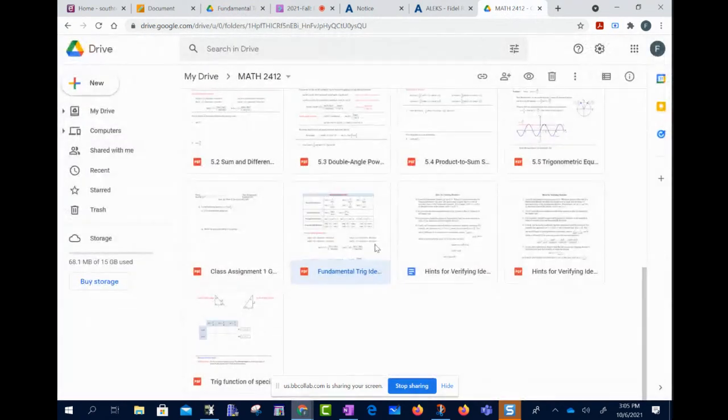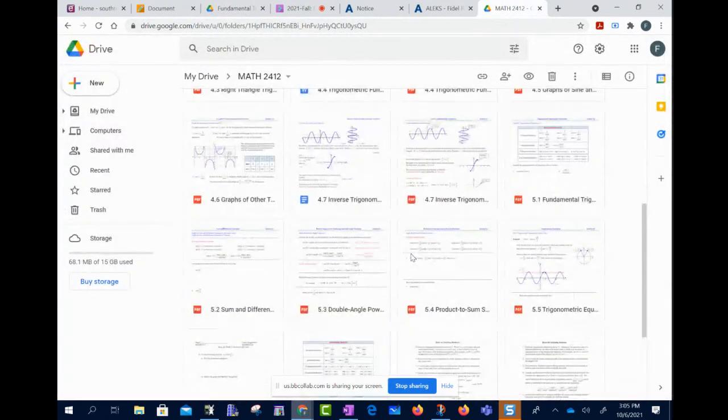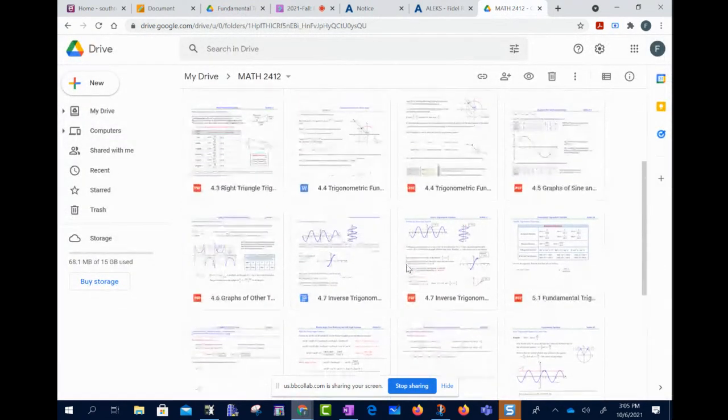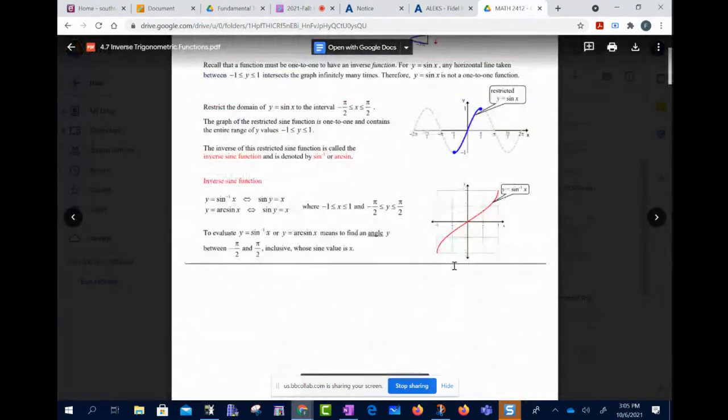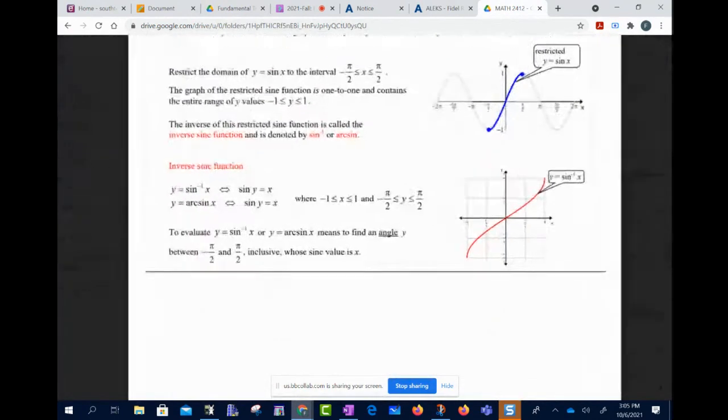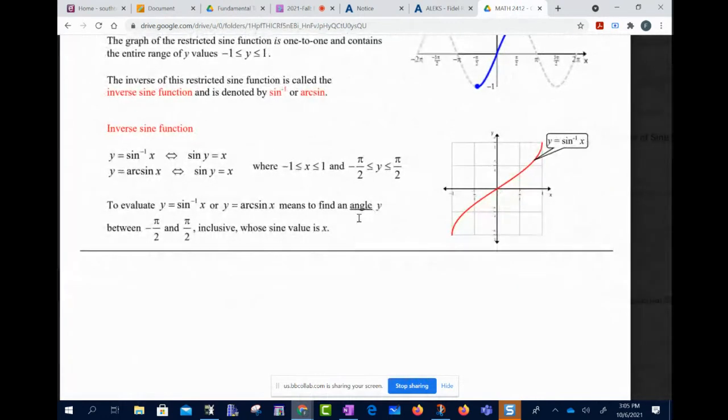So the reason we're only going to get one answer is where this is coming from. This is coming from inverse trig functions. With inverse trig functions, I can only pick values between negative pi over 2 and pi over 2.